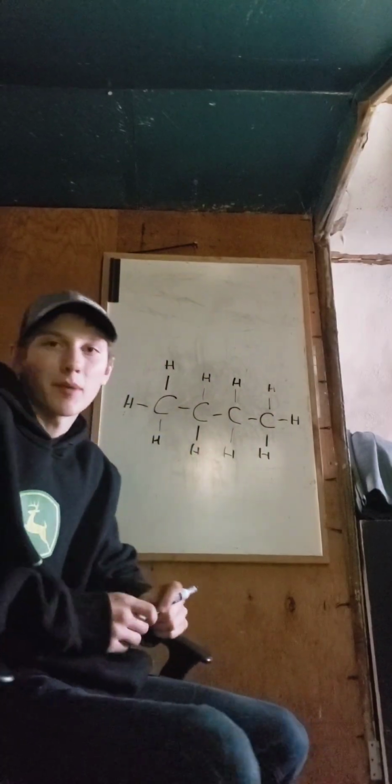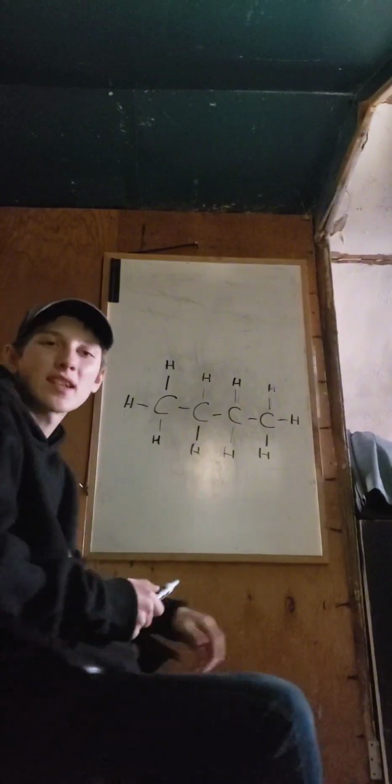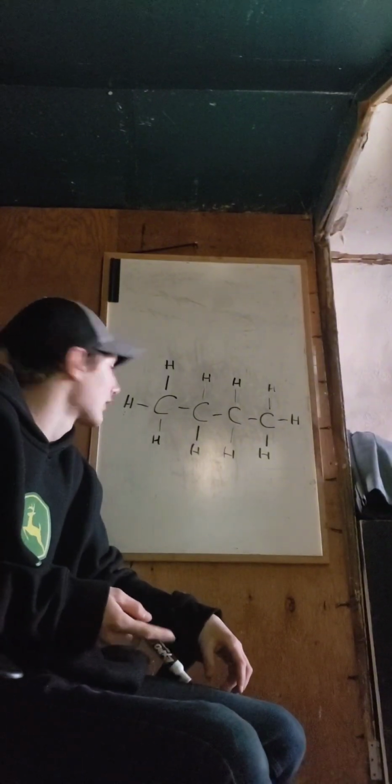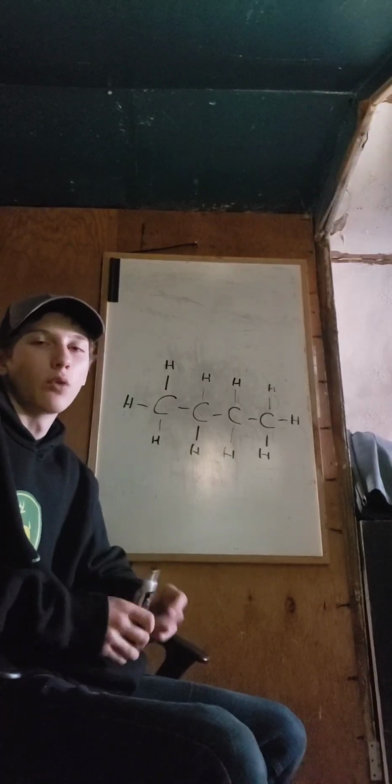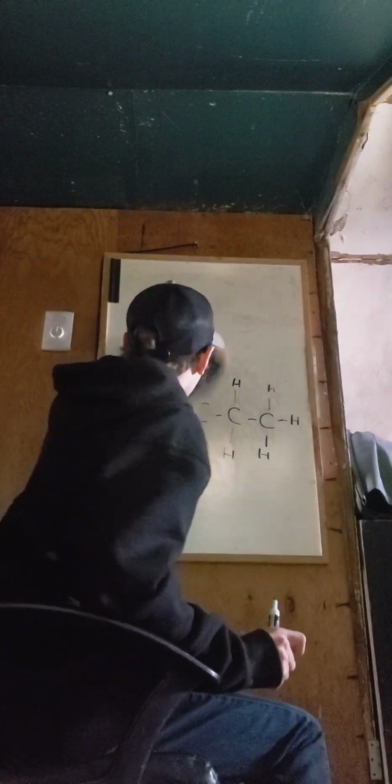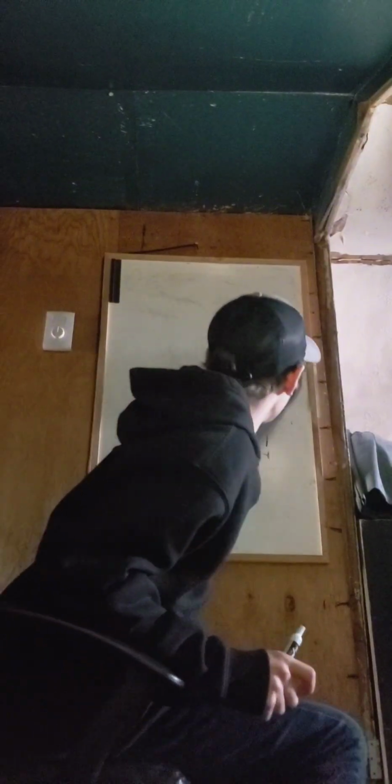And this is why I say there's better ways to draw it, because after a while it gets pretty messy and takes a while to draw. But yeah, this is just our Lewis dot of a 4-carbon chain.